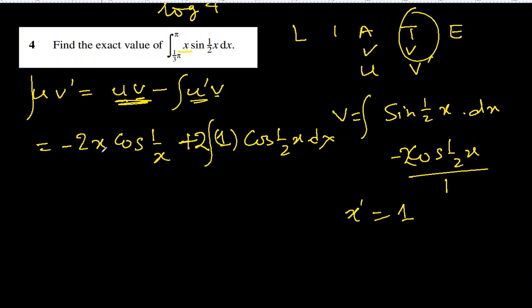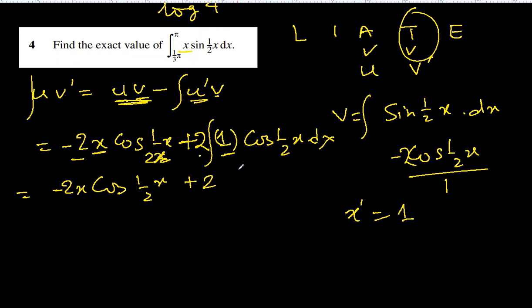I hope you understand. U is x, v is minus 2 cos half x, u prime is 1 and v is minus 2 cos half x again. So it will be minus 2x cos half x, and that is plus 2.